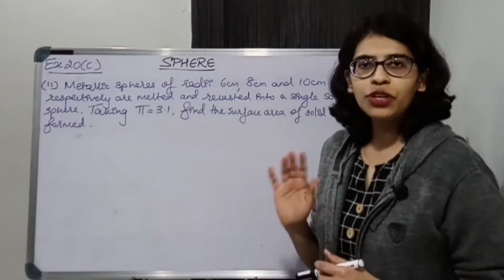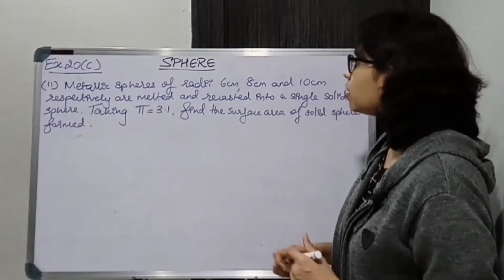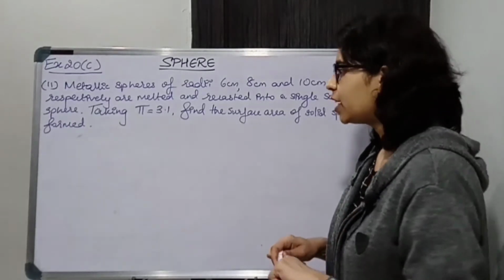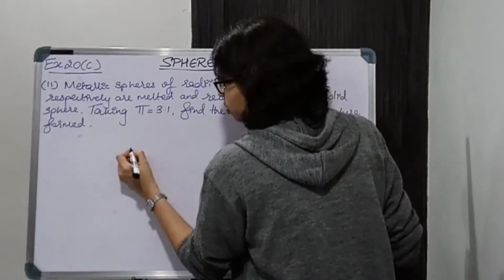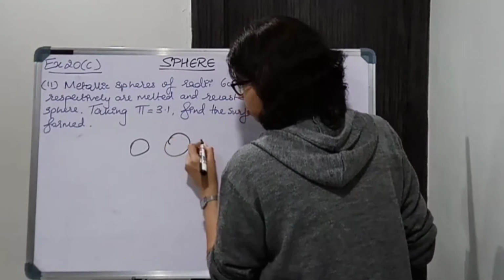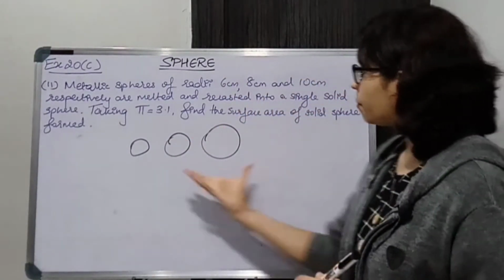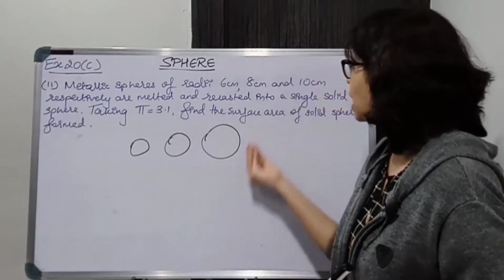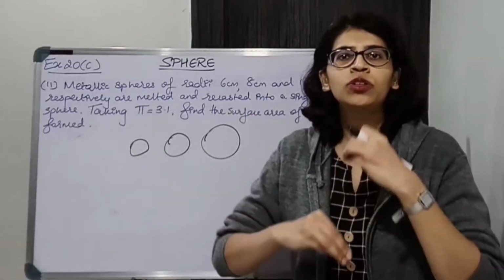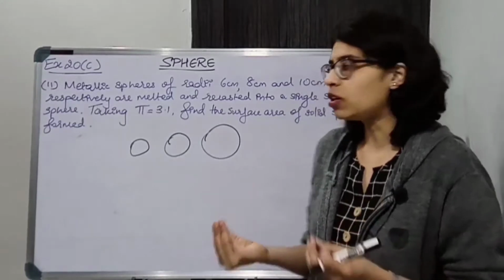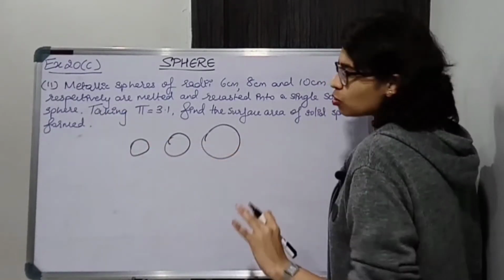You have 3 metallic spheres. All 3 of them have different radii. So there are 3 spheres and you are melting these 3 spheres and recasting them into a single solid sphere. These are also solid spheres.